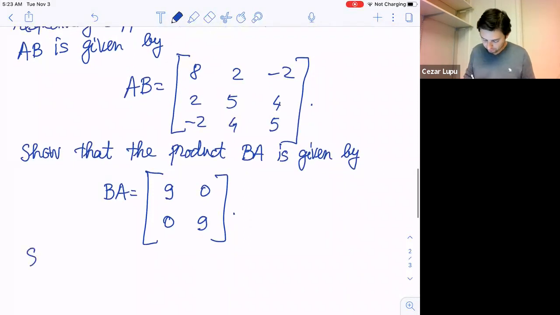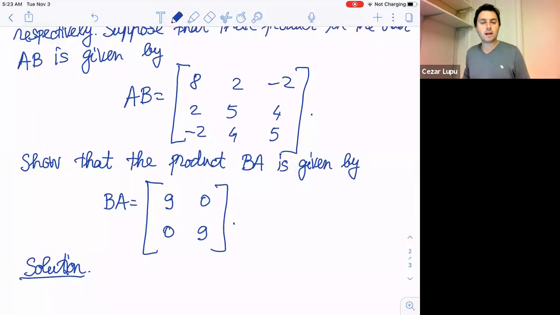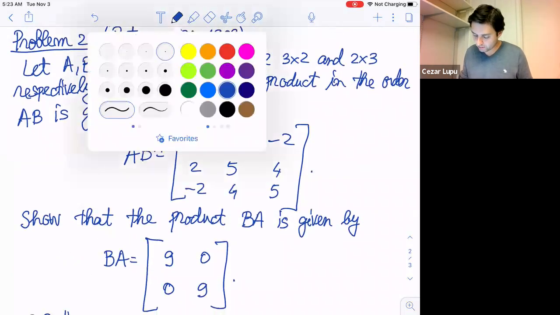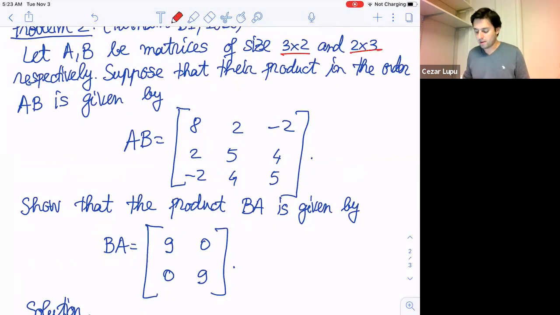So let's see. Okay. Now, let's look at this matrix. As you can see, A is a 3 by 2, B is a 2 by 3, and this guy is a 3 by 3. Now let's compute the square of this 3 by 3 matrix.